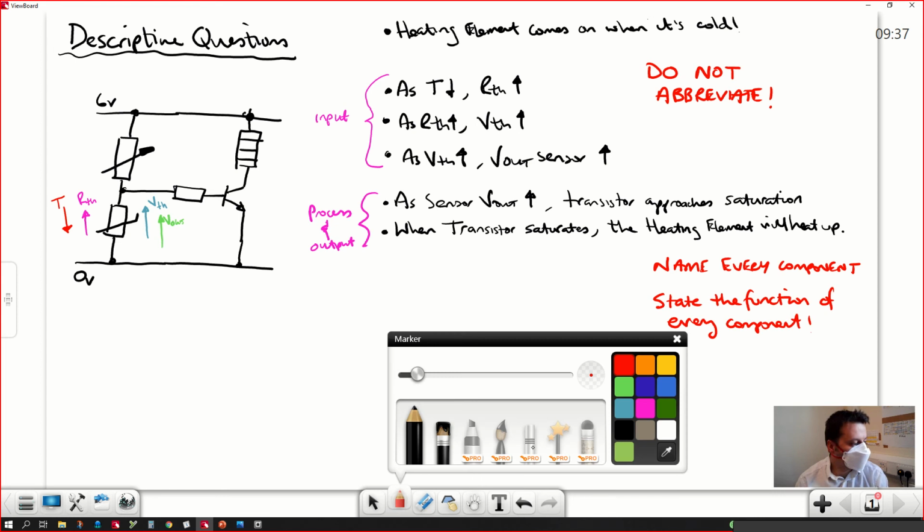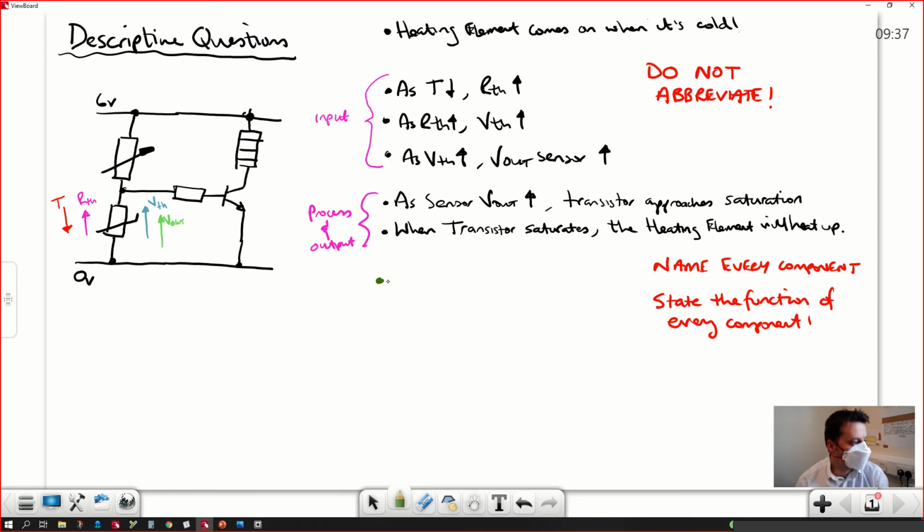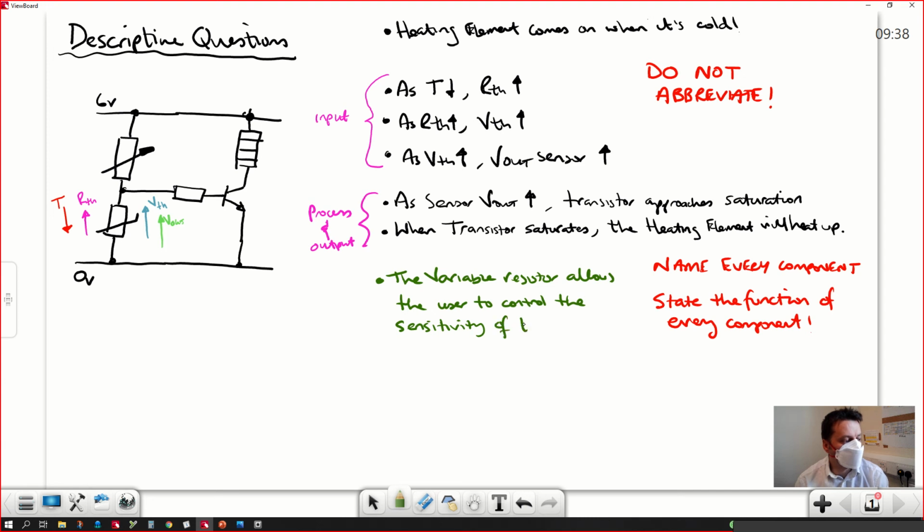So, things that are missing from this so far are the variable resistor allows the user to control the sensitivity of the sensor.